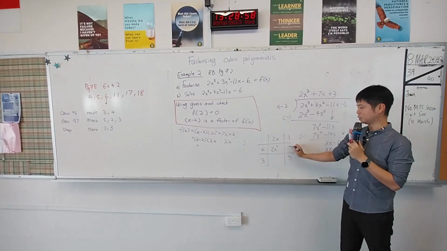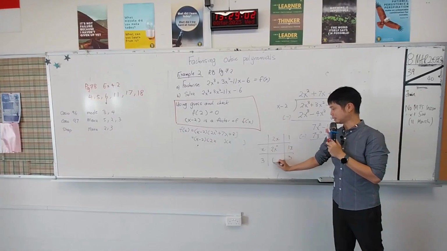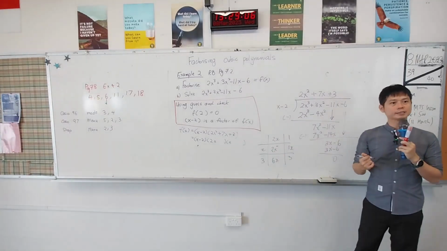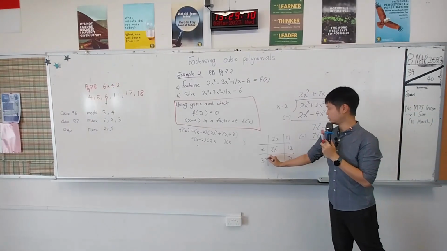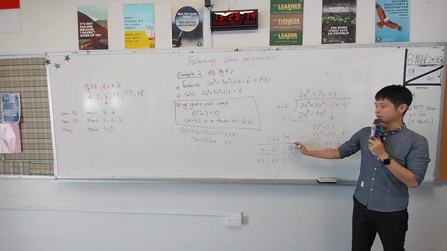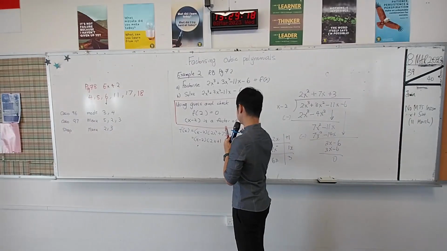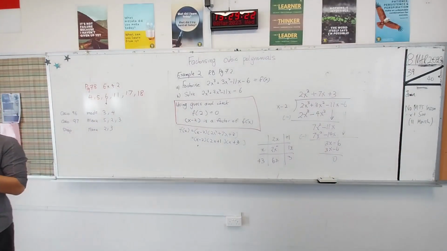The area of this box is 1x. The area of this box is 6x. 6x and 1x, I can get 7x by putting a plus here and a plus here. So the answer is (2x plus 1)(x plus 3). And that's how we factorize the cubic polynomial.